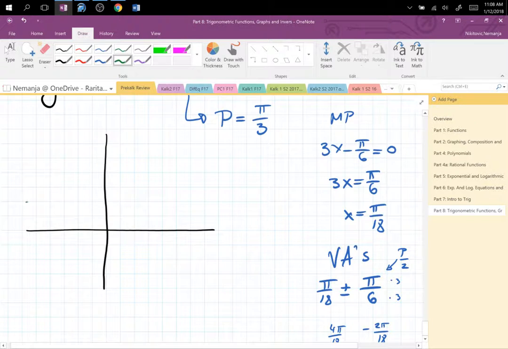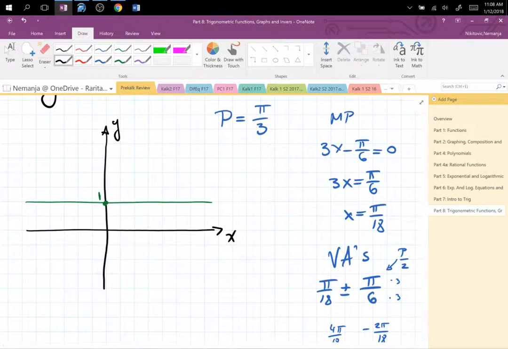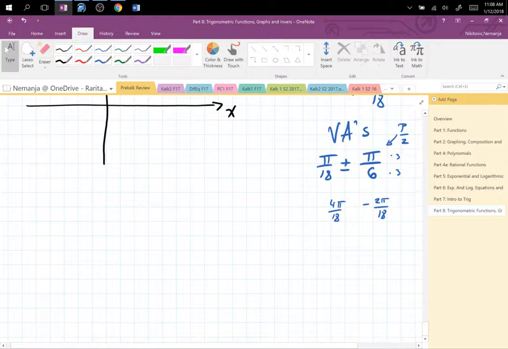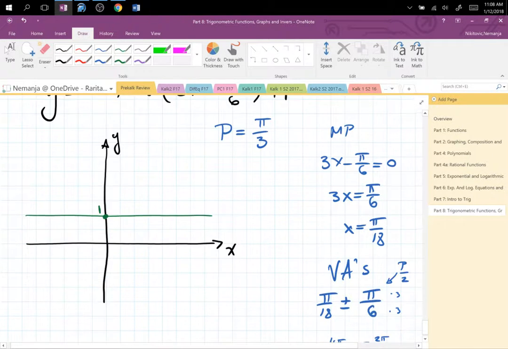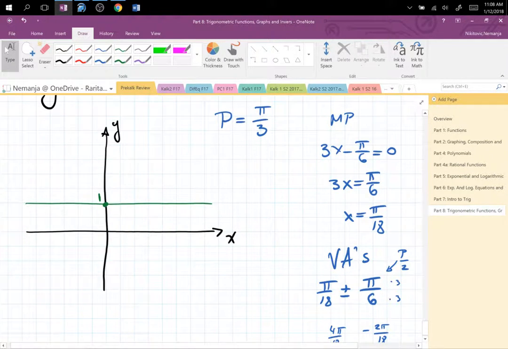Our green line is plus 1, so we'll leave just a tad more space on top. I set my green line through 1. The midpoint is at pi over 18, and we know the midpoint lives on the green line. It really doesn't matter where you pick that pi over 18, so here it is.